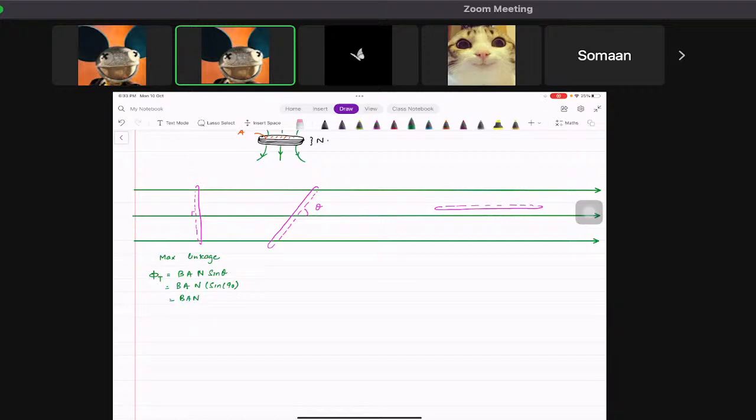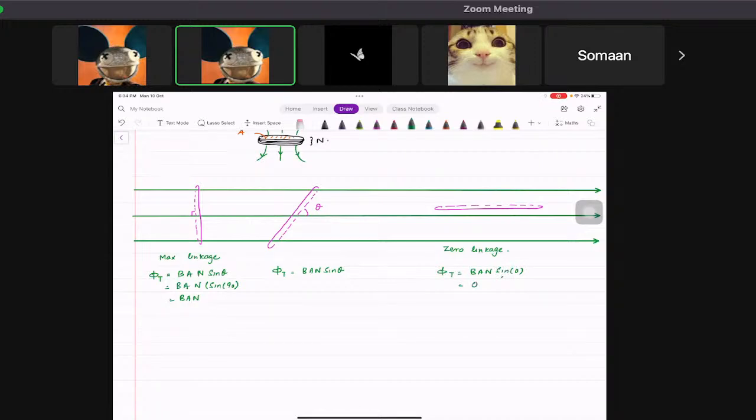This one here will be BAN sine theta, and any value less than 90 is going to give you a smaller number altogether. And the last one is zero linkage, because when you put 0 into sine theta, since sine 0 is 0, the whole thing becomes 0.